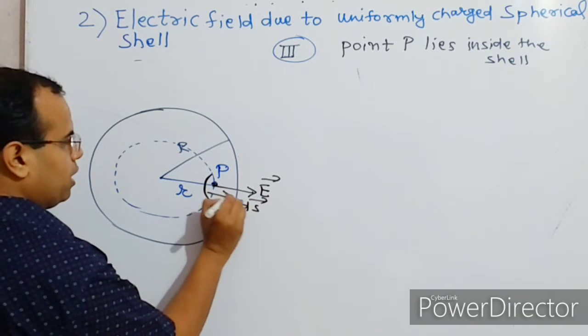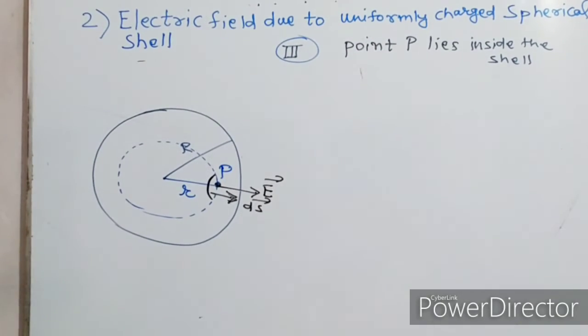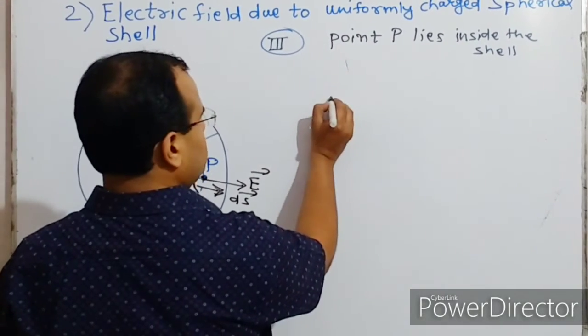You can see that both are acting in the same direction, so the angle between them would be 0 degree. Now you will be applying Gauss theorem.